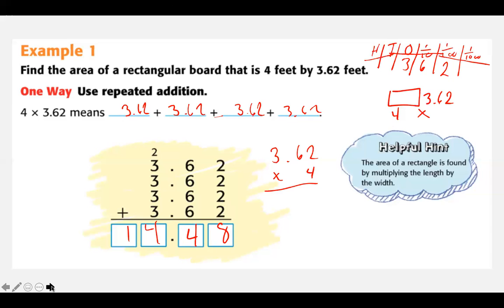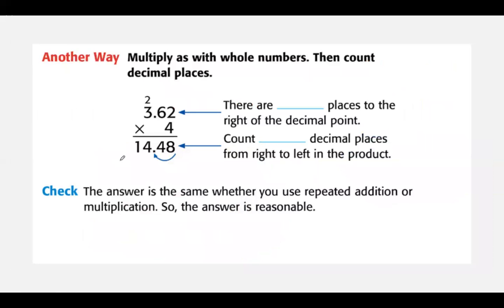So let's go to the next page, and here we have the multiplication done for you right here. When we multiply decimals, we always want to count the number of places, digits, behind or to the right of the decimal point.